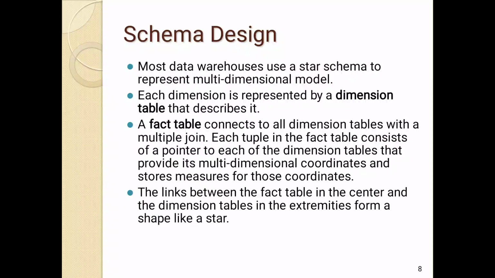So the links between the fact table in the center and the dimension tables in the extremities form a shape like a star. The dimension tables and fact table are connected together to form a star-like structure, which we call a star schema.